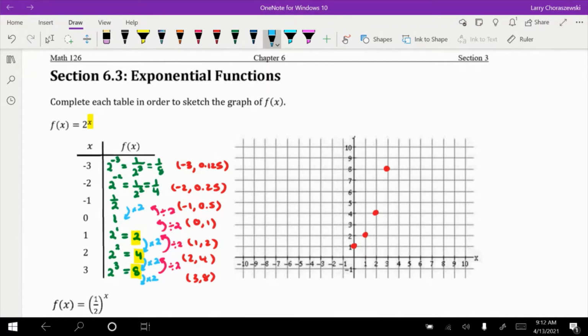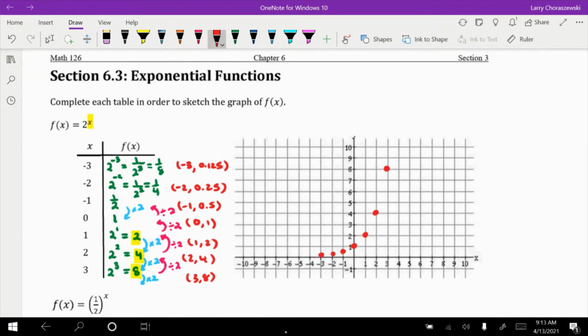But to the left of 0, 1, there's quite a different behavior going on. So if we plot negative 1, 0.5, oops, we'll have that point right there. And then negative 2, 0.25 is going to be even lower than that. And then negative 3, 0.125 is going to be even lower than that.